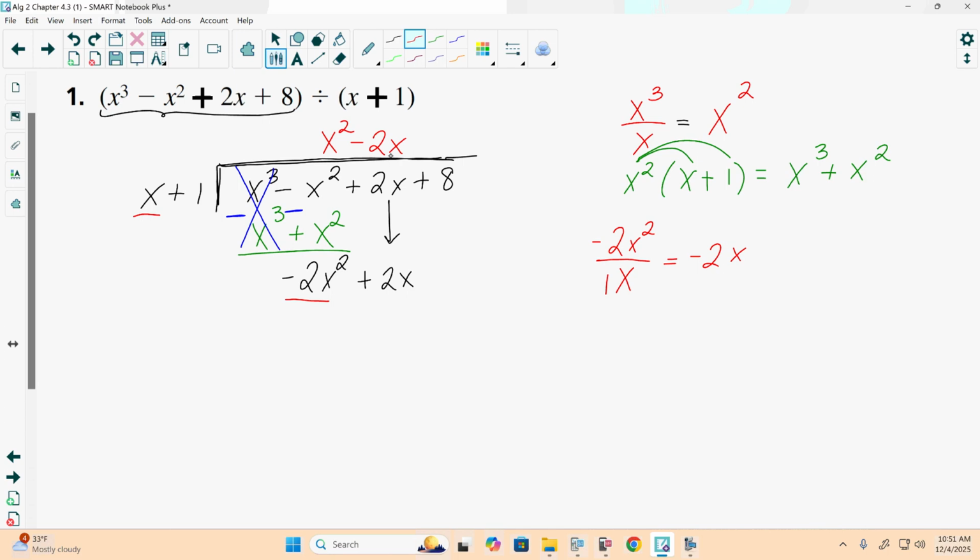And again, just like before, we're going to take this negative 2x and multiply it by our x plus 1. And negative 2x times x is going to be negative 2x squared, which is what we wanted. Negative 2x times positive 1 is going to be negative 2x.